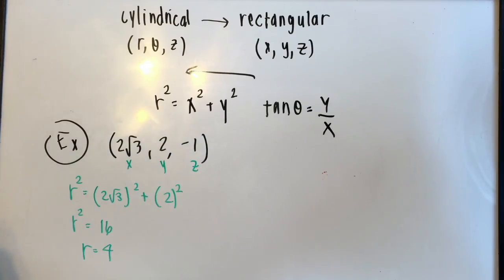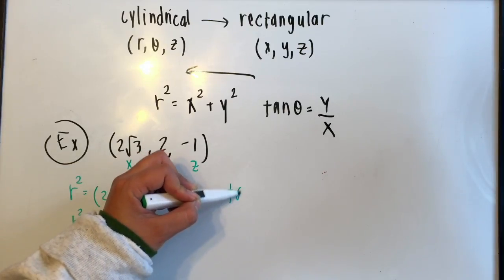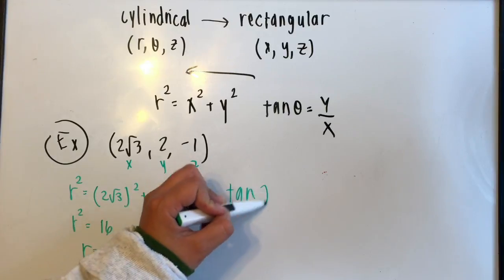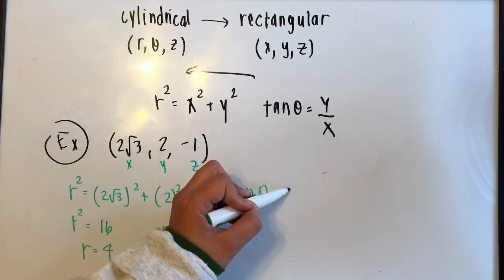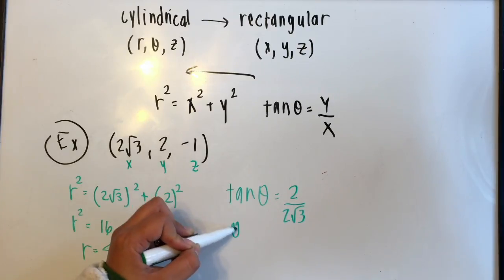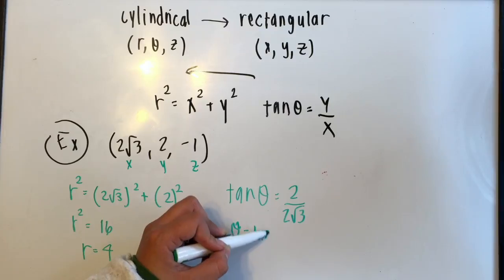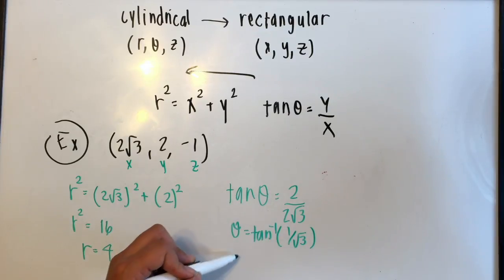Now to get our theta, our angle, we plug into tangent theta equals 2 over 2 rad 3, so theta would be the inverse tangent of 1 over rad 3.